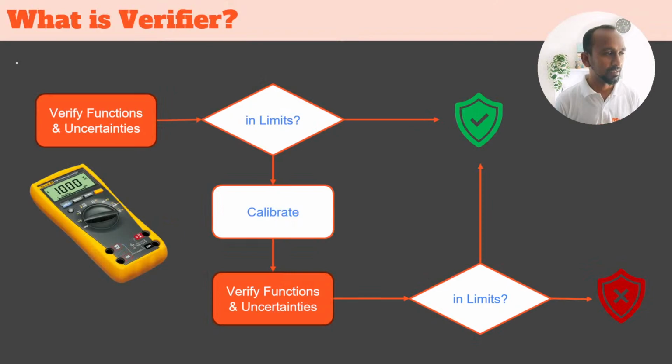Okay, so the first thing we are going to do with a verifier is to get an idea how the verification itself works. A verifier basically verifies the various functions that any of your instruments will carry out.